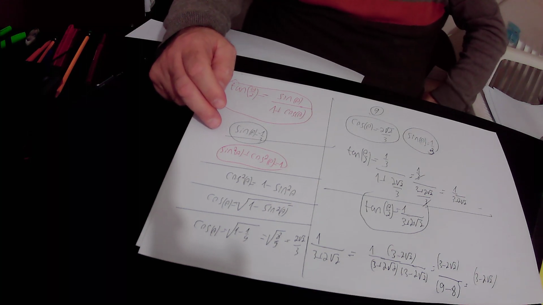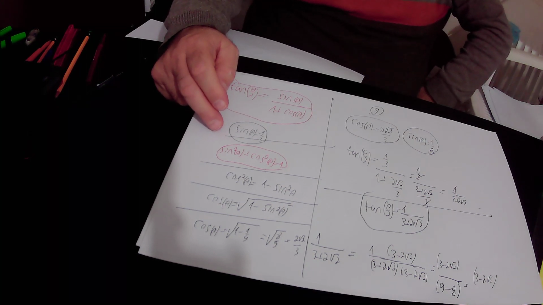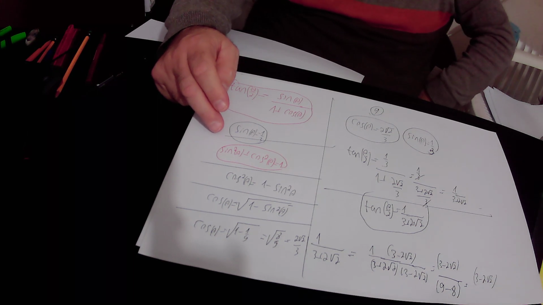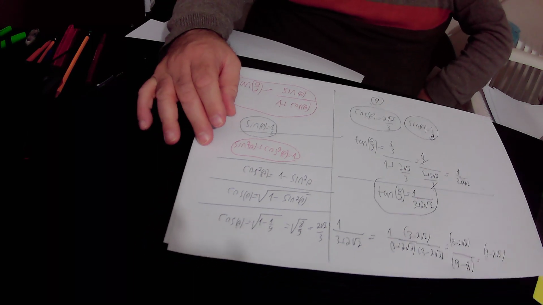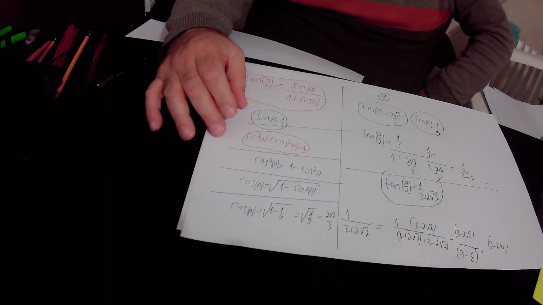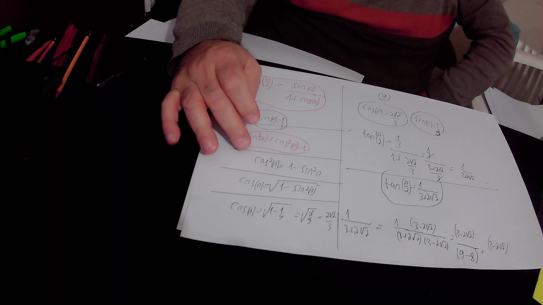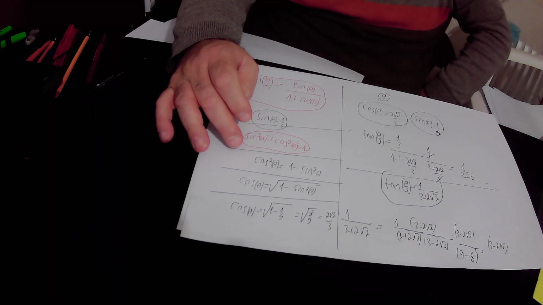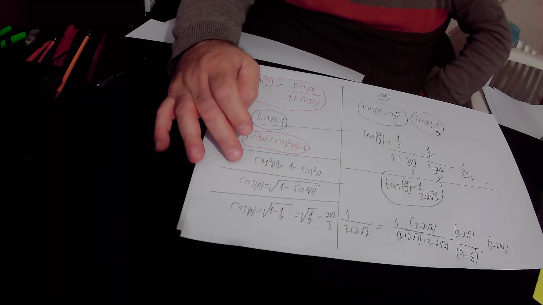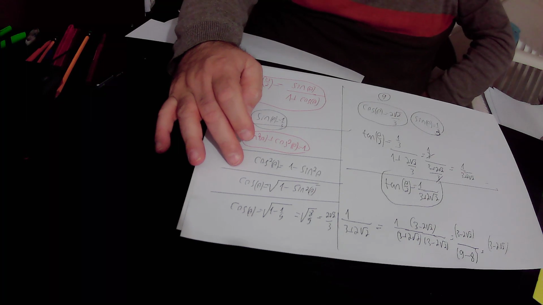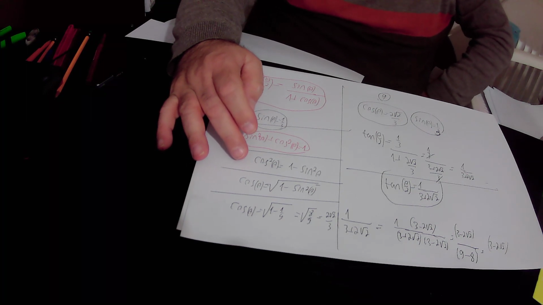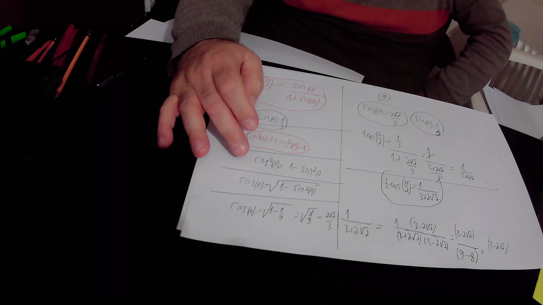And we have the trigonometric identity that states that sine square theta plus cosine square theta equals 1. We subtracted sine square theta from this equation and found out that cosine square theta equals 1 minus sine square theta. We took a root of this equation and found out that cosine theta equals the square root of 1 minus sine square theta.